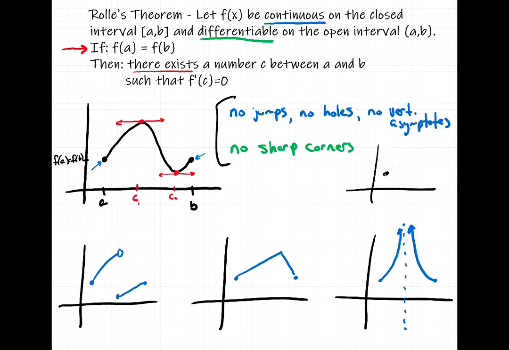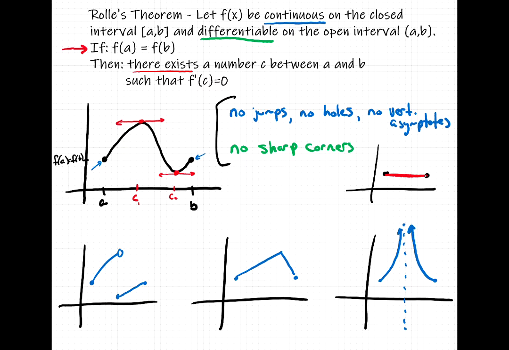If this is A comma f of A and this is B comma f of B, and your graph is just a straight line, well, then every point has a horizontal tangent line. So you could have anywhere between 1 and infinity number of horizontal tangent lines between A and B. And that's what Rolle's theorem says.